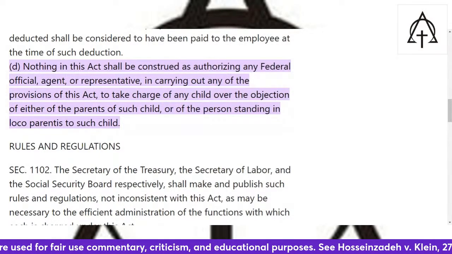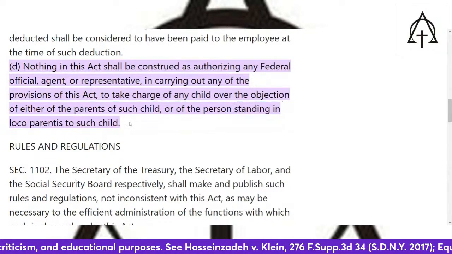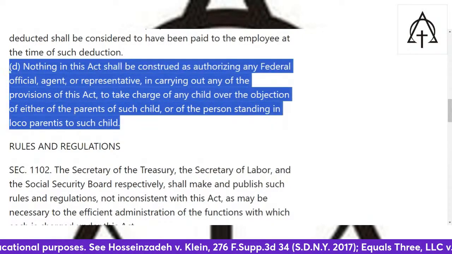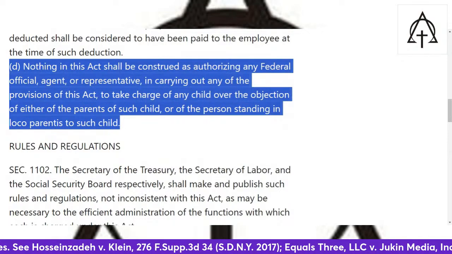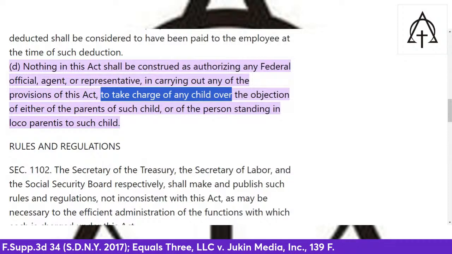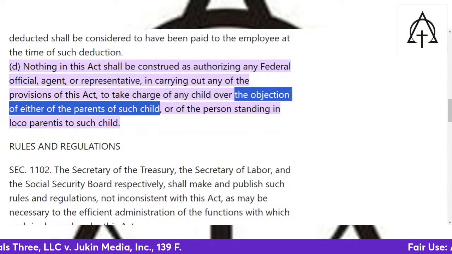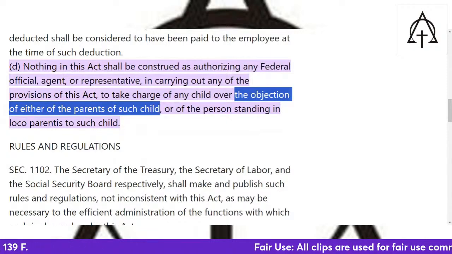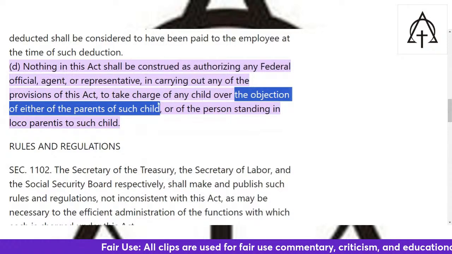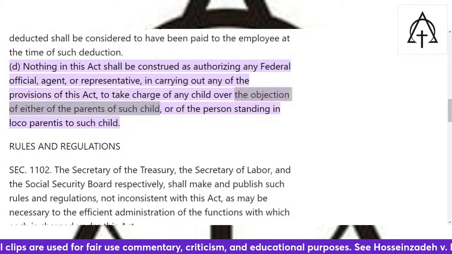So once mom or dad pipe up and object, that's an objection, to take charge of any child over the objection of either of the parents of such child. Effectively, what's going on is you are willingly giving up your authority, like I said before.